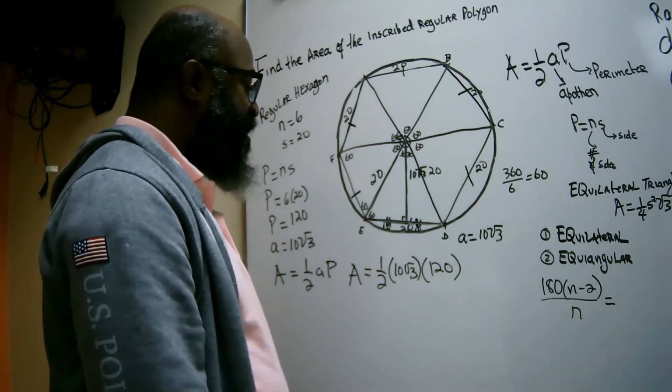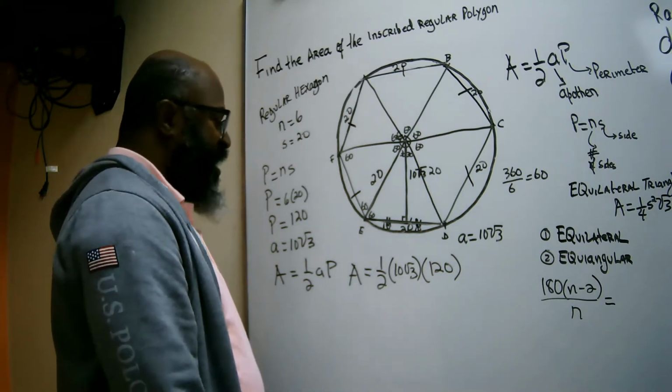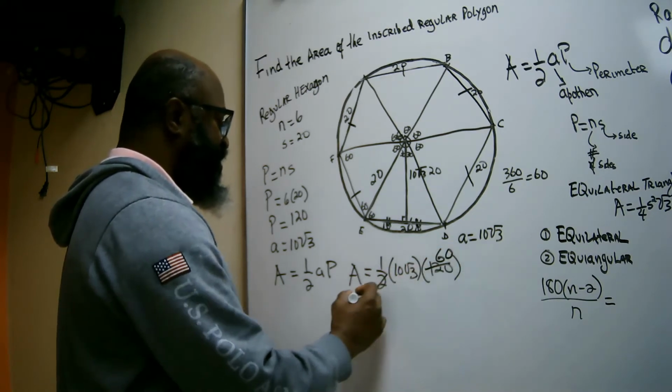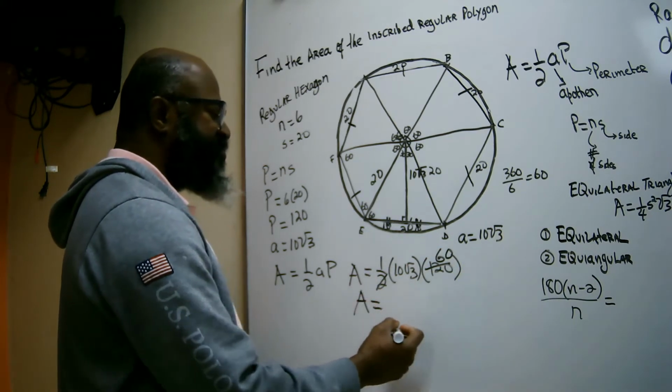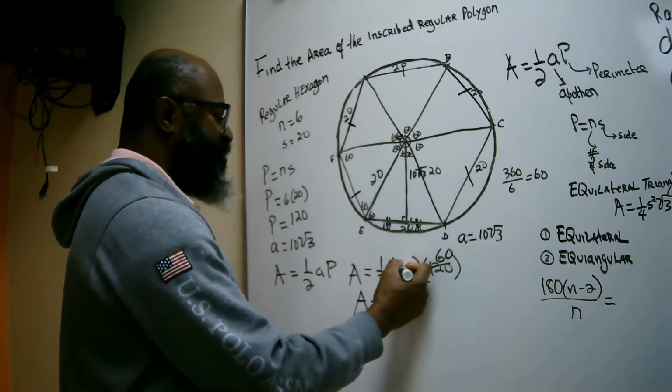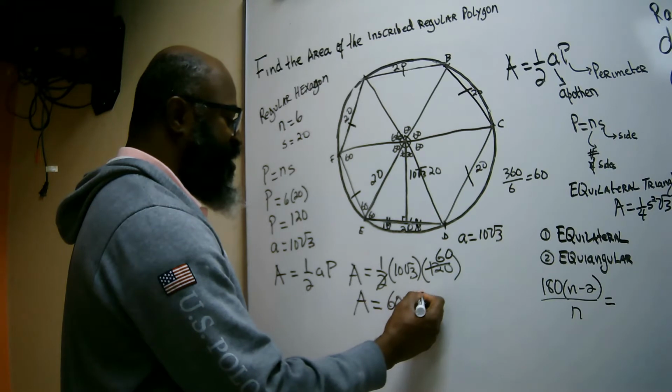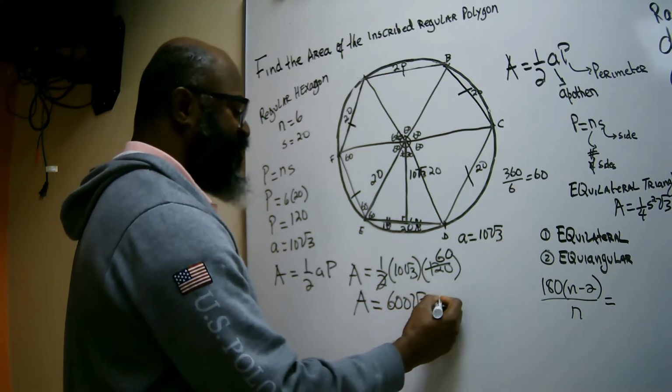That will be the direct way of finding the area. As you can see, you can take half of 120, which is 60, and you will have A equal 10 times 60, which is 600 square root of 3 square units.